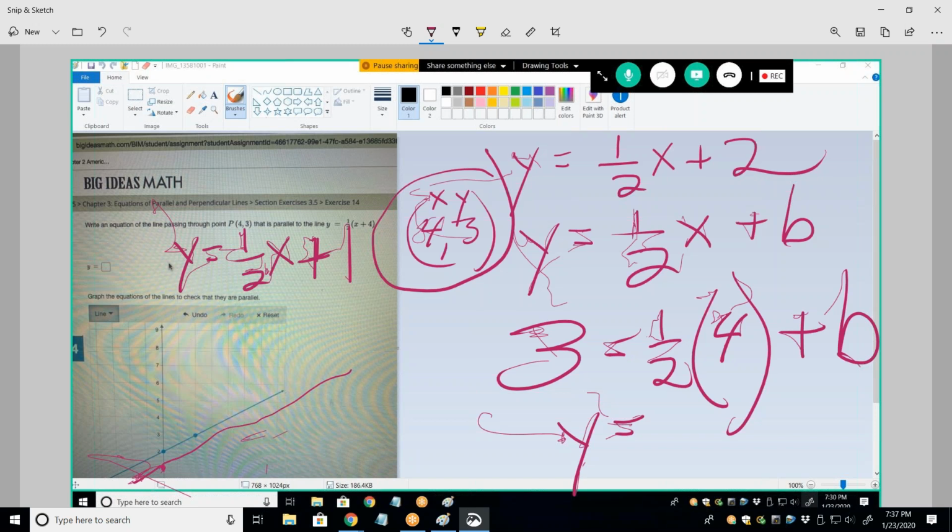Perpendicular means the slope is the negative reciprocal. So if the slope of this blue line is 1/2, which it is, then the slope of this perpendicular line, the negative reciprocal, is minus 2 over 1. That's how you get the slope of a perpendicular line.